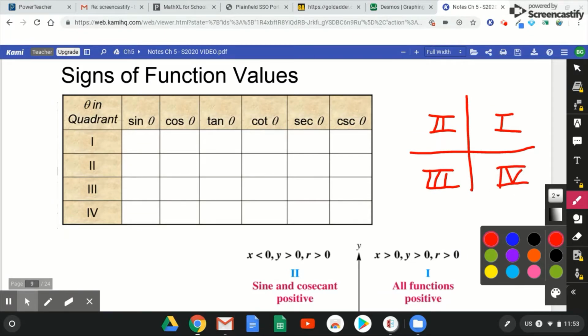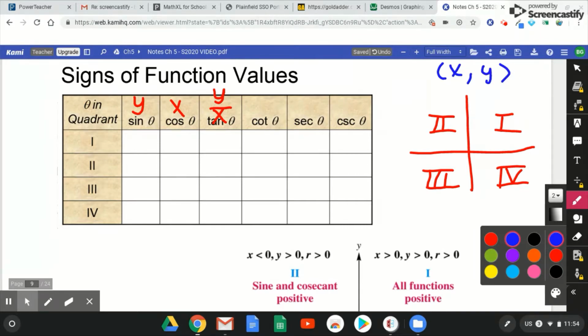But I told you yesterday to remember sine goes with y, cosine goes with x, tangent goes with y over x. If you've memorized that, then this whole table should be easy to fill out. So think about an xy point.